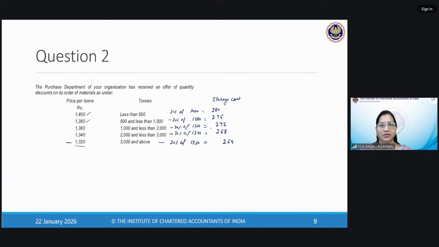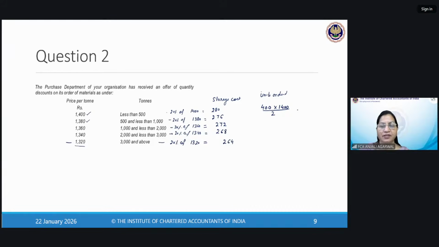So these are the storage costs, 20% of all. Now you see, if I order something less than 500, so let's say units ordered less than 500, I'll take a figure of 400. So if I order 400 units, 400 into 1400 is my total investment at a time. 400 into 1400 divided by 2 is my average investment at a time. Okay.